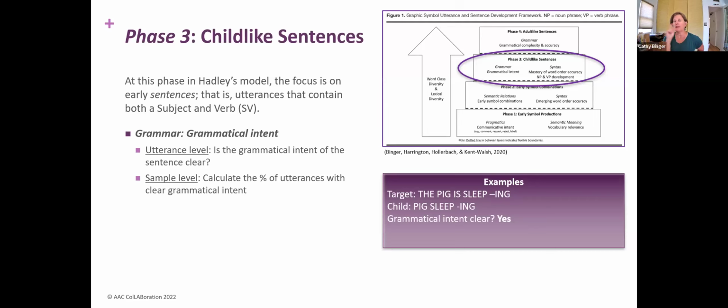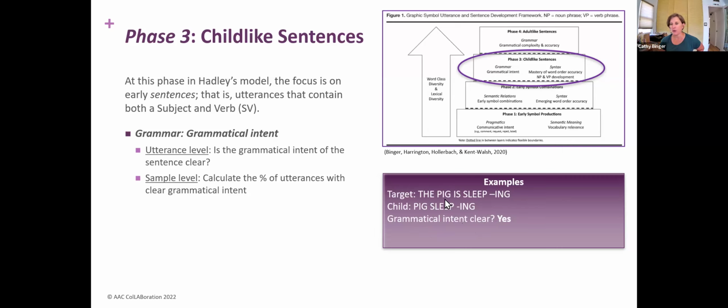You don't know what the relationship is there because they're missing some critical information. But with pig sleeping, we know what the grammatical intent is. All the grammar isn't there, but the intention is really there without me having to make some guesses. Okay, pig sleeping is clear.